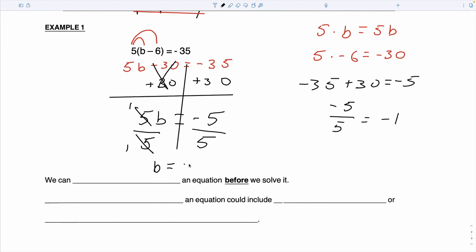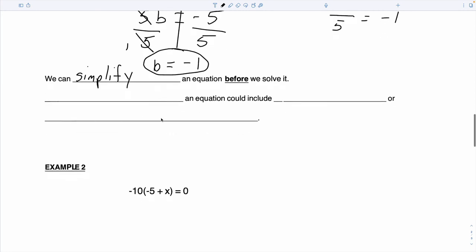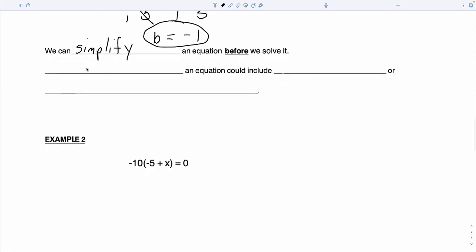Good. Once you get b by itself, all friends have been kicked out, mom is happy, you're ready to do homework. That's your answer, and the answer is -1. Here's our takeaway from today: we can always simplify an equation before we solve it. Whenever you have distributing, you need to think simplify.